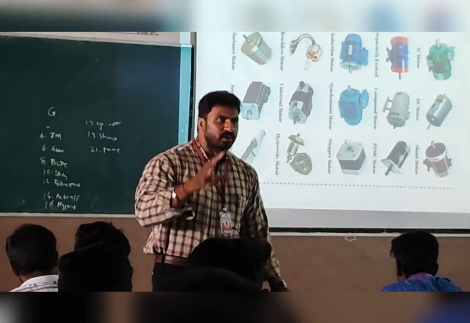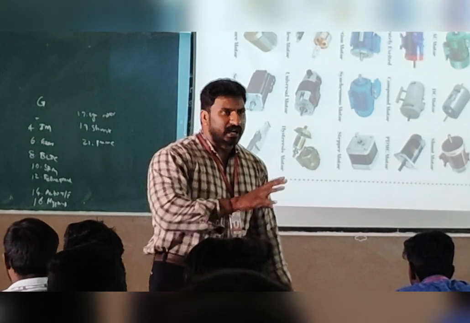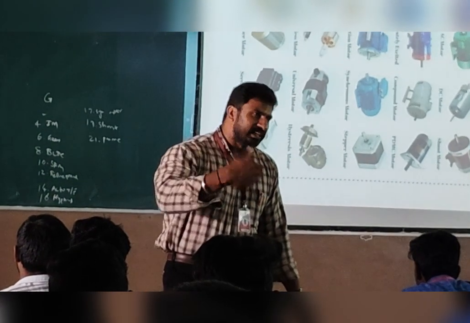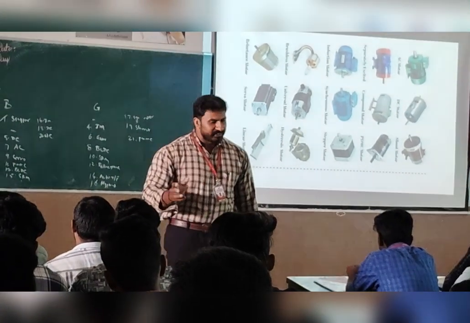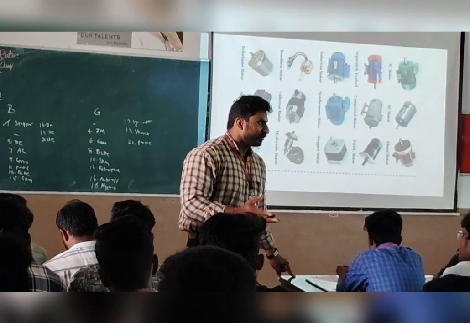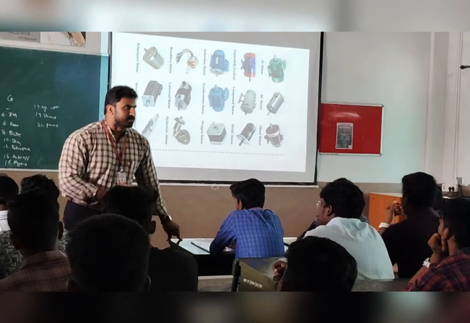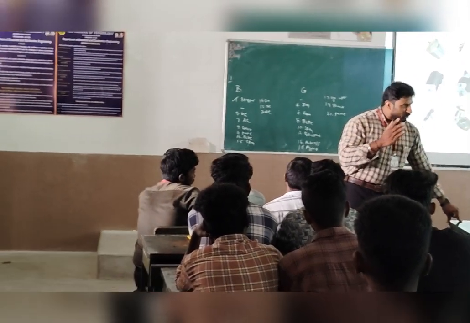Then only can we easily identify the motor type and the motor parts. For example, some motors run directly with the supply, while some need driving systems. If anything goes wrong in the driving system, the motor may malfunction. So that's why we need to know the motor types and working principles.